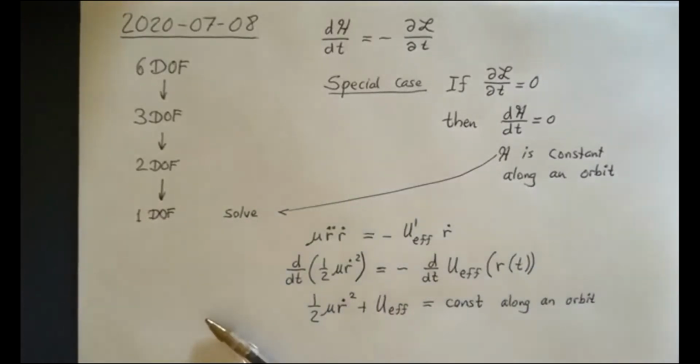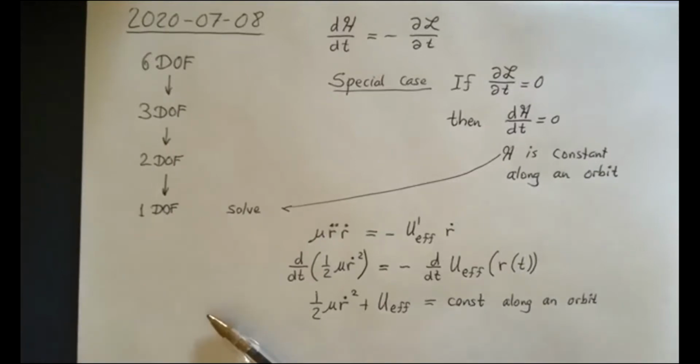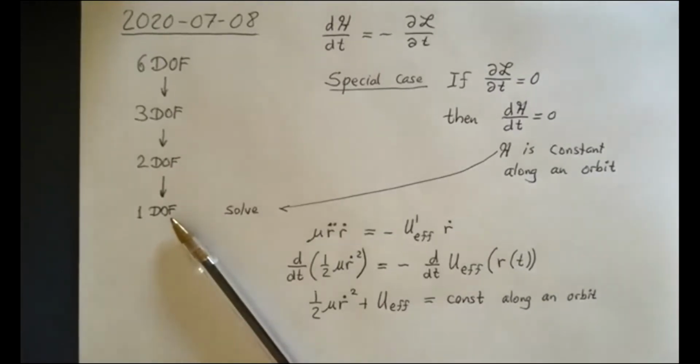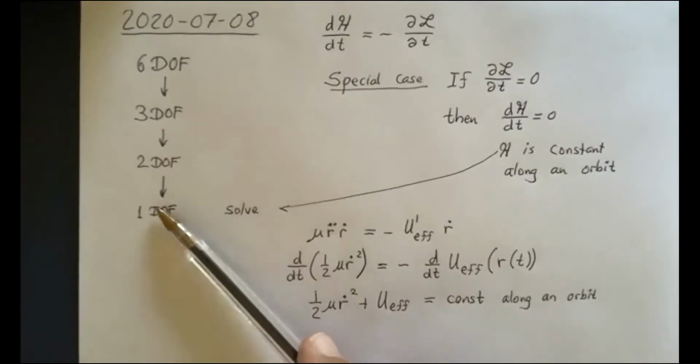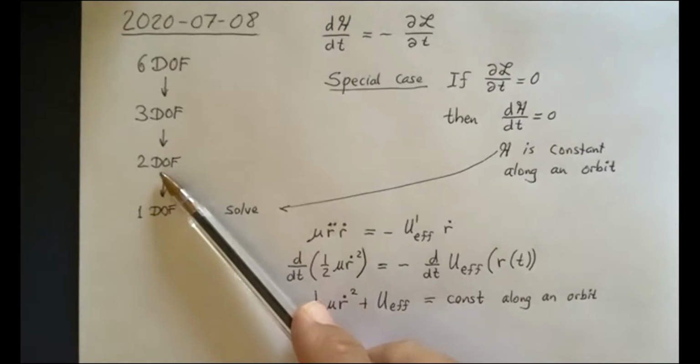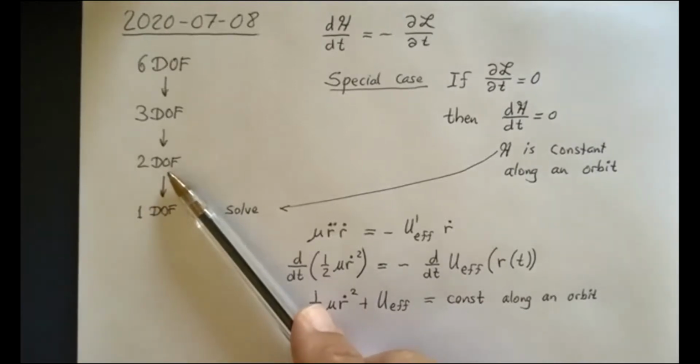We have a particle moving back and forth. If it's an elliptical orbit, then for the 1 degree of freedom problem, you have a particle moving back and forth along this r axis. That's a one-dimensional space. But we have to understand how to reconstruct the motion, go back to the 2 degree of freedom problem. And there are some results in chapter 8 in the summary.